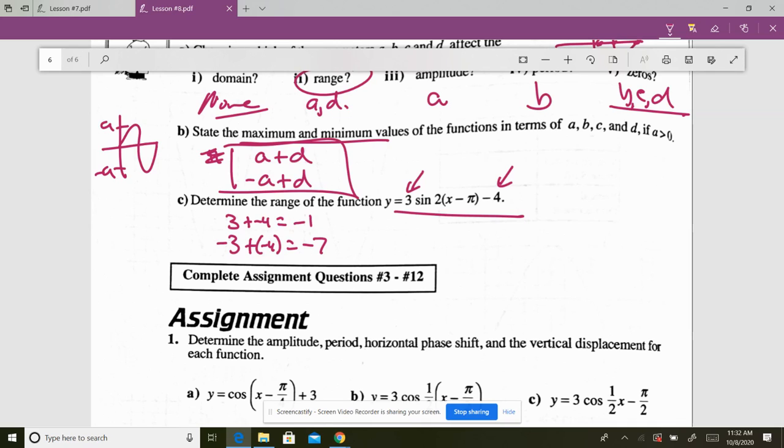So the range is between negative 7 and negative 1. All right, the graph would look like this. That'd be negative 1, and this would be negative 7. Okay.